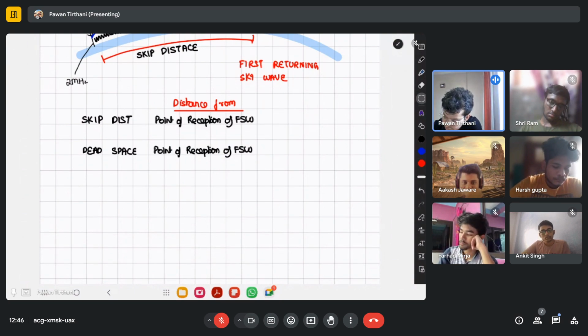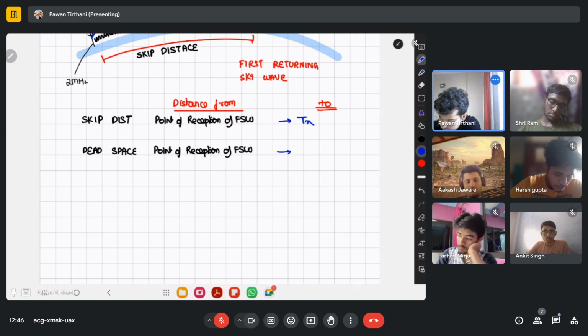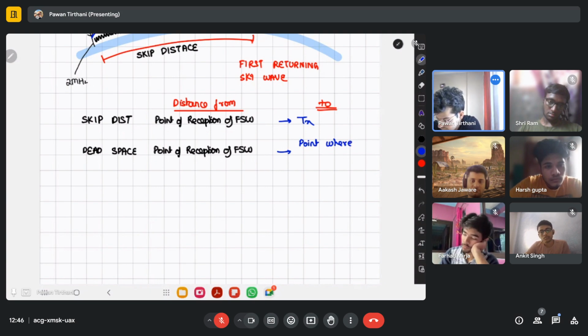For skip distance, to which point? To the transmitter. And for dead space, to the point where the surface wave is attenuated.